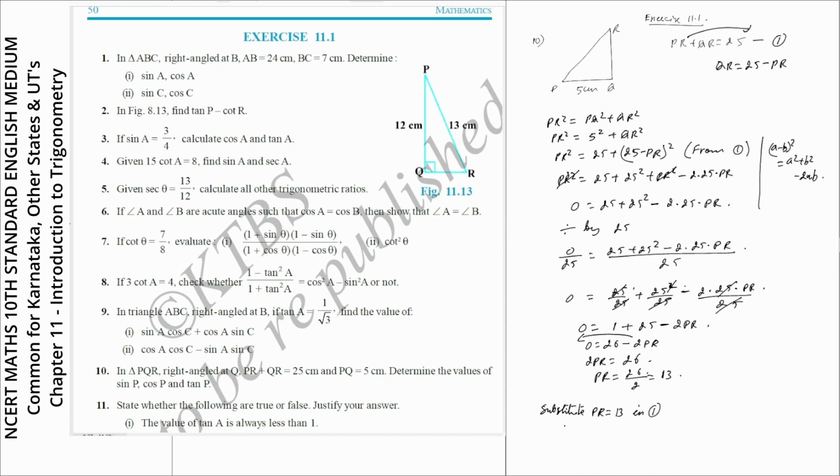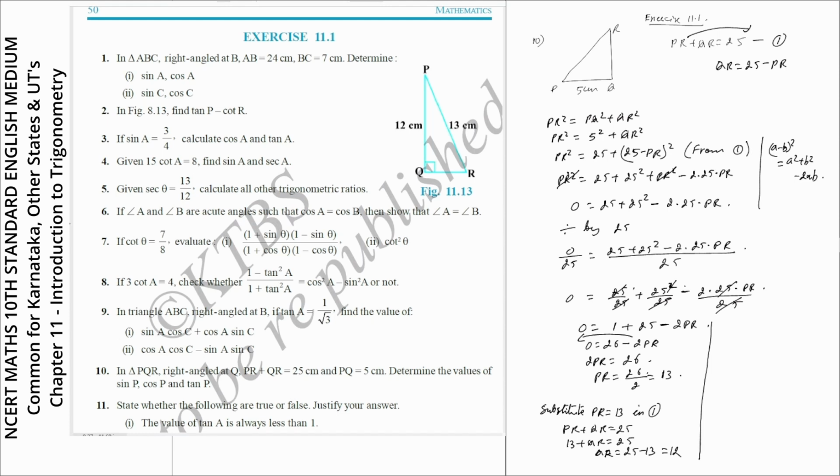So 1 is PR plus QR is equal to 25, right? So PR is equal to 13 plus QR is equal to 25. Now QR is equal to 25 minus 13 is equal to 12. So QR I will get 12.